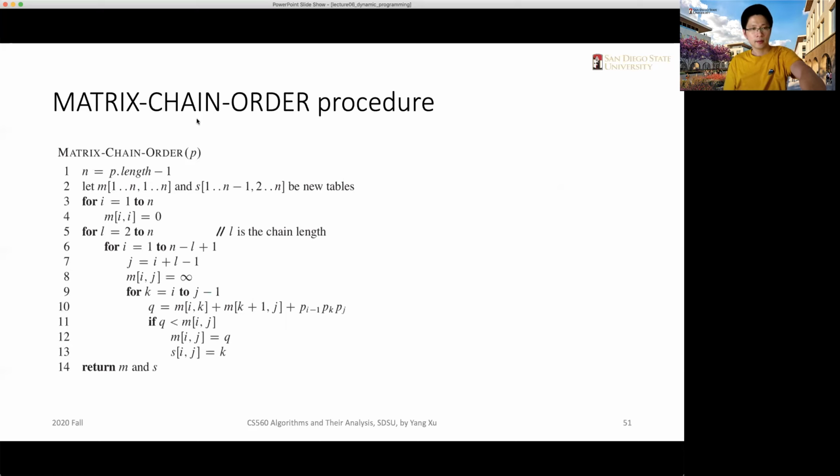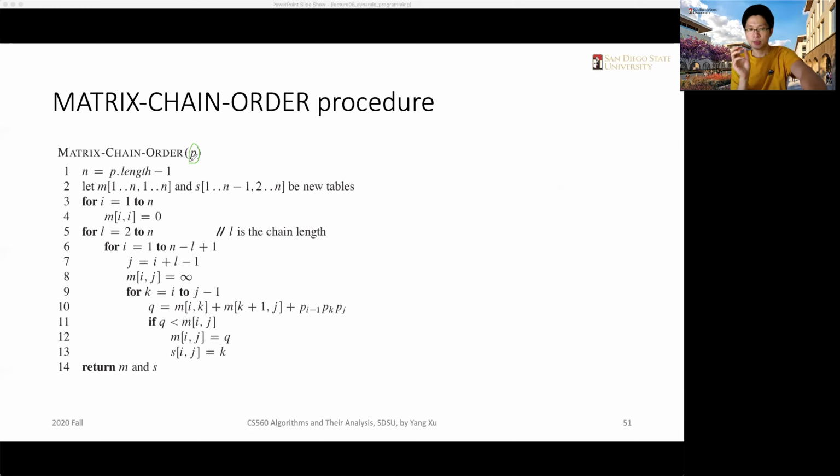So this procedure takes the P array as input. Okay, so the P is the array that stores the dimensions for all the matrices in the chain.